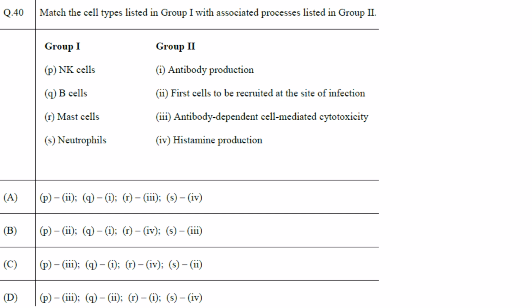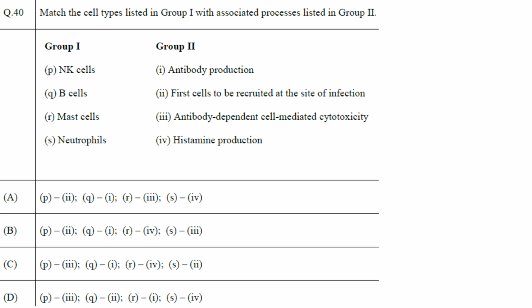Then next one. Match the cell types in group 1 with associated processes listed in group 2. NK cells, it is antibody dependent cell mediated cytotoxicity. So P3. P3 is there in C and D. B cells, they are for antibody production.